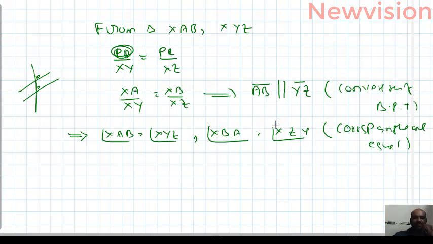Okay, therefore triangle, I will show you. This is one triangle. What is that triangle? XAB triangle, and this is XYZ triangle. I got this angle equal to this angle and this angle equal to this angle. Already these two are the same. From AA similarity, these two are similar. That I will write.